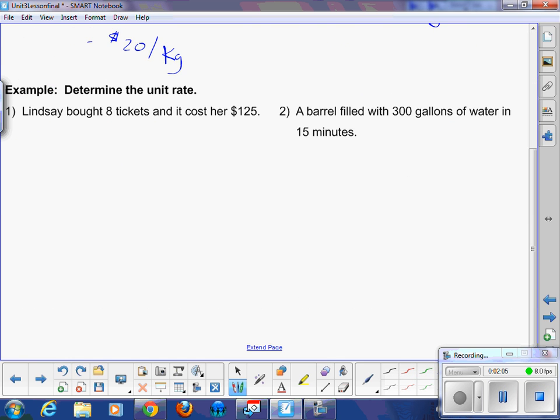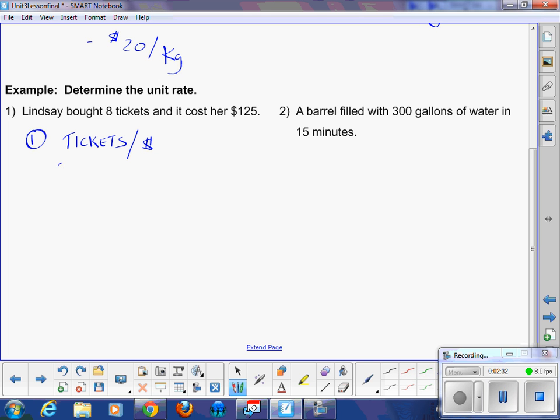Okay, so determine the unit rate. So Lindsay bought 8 tickets and it cost her $125. So there are 2 unit rates that come from this. So it really comes down to which one you really want to find out. So for example, I could look at it in terms of method 1, tickets per cost.